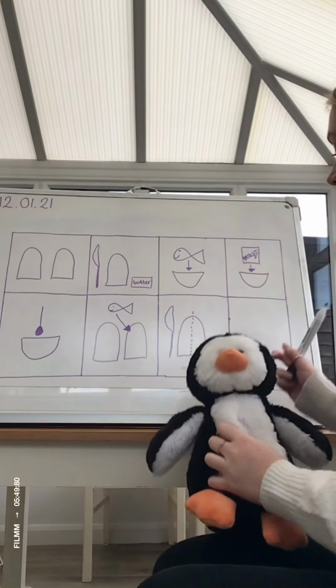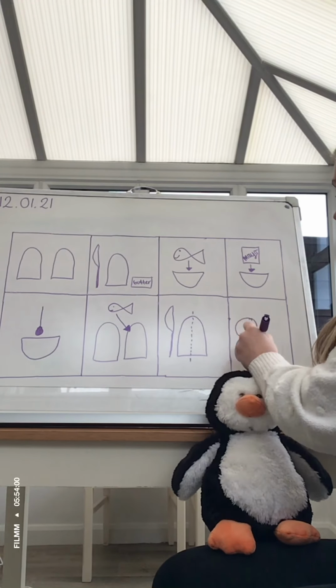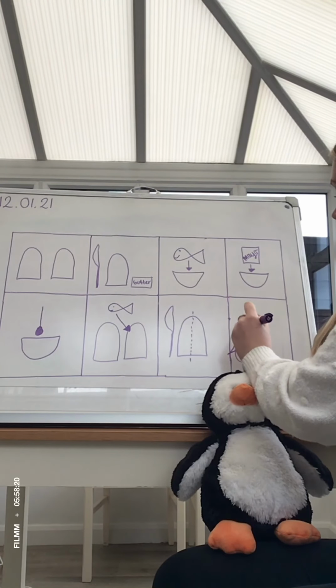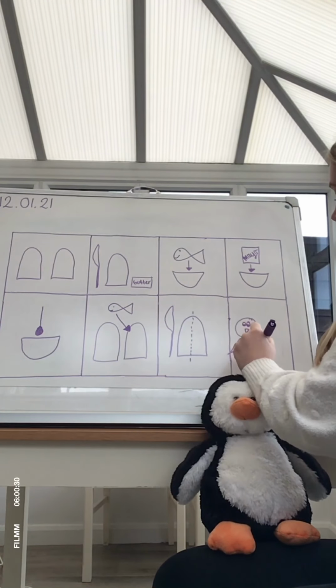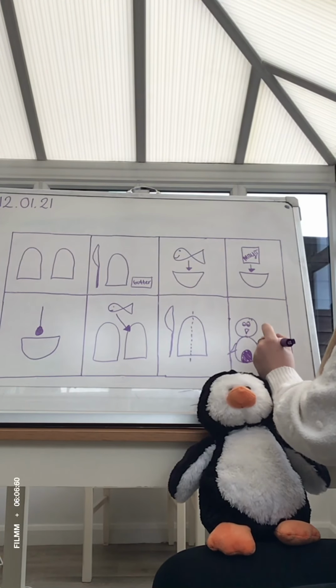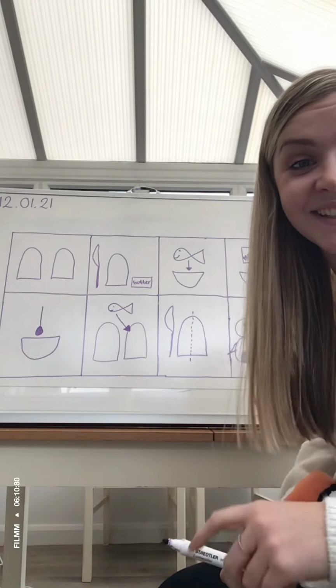So to remind me that it's Pedro that's eating the sandwich, I'm going to draw a picture of him on the board. Your drawings will be much better than mine. There's Pedro. And I'm going to draw him with a tuna sandwich in his hand, ready to tuck in and eat it.